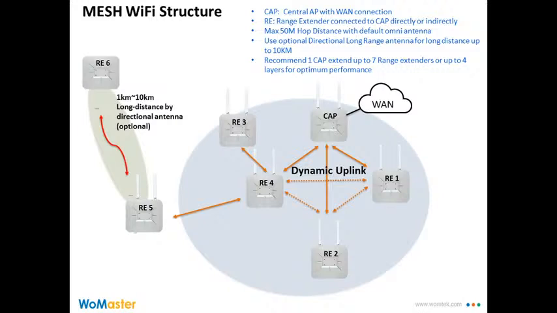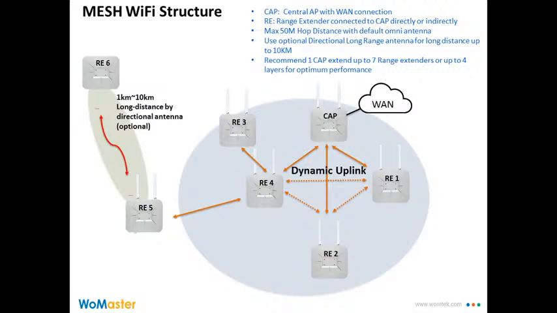Here is the backbone mesh network. On the left-hand side, even the maximum distance is around 50 meters with omni antenna. Sometimes, users need to extend to a longer distance.